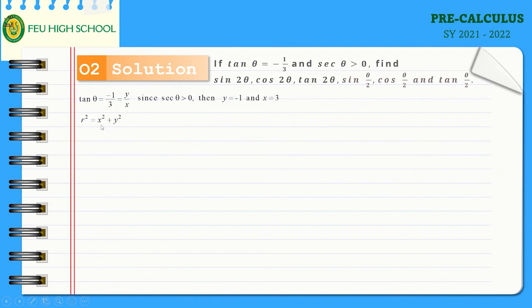So, r squared is equal to x squared plus y squared. So, substitute lang natin. X is 3, y is negative 1. 3 squared is 9, the square of negative 1 is 1. So, 9 plus 1 is 10. And we get the square root of both sides para ma-cancel out yung ating exponent na 2 dito. So, magiging square root of 10.